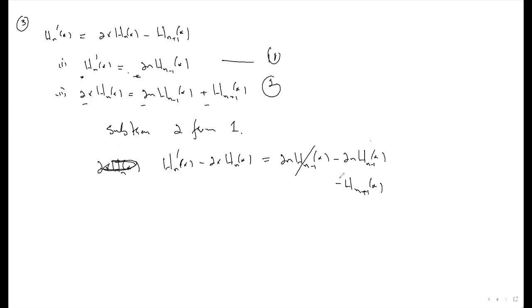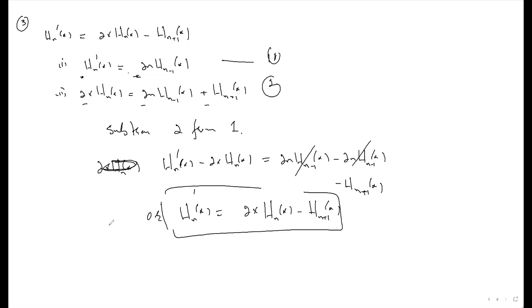Now this 2n h n minus 1 will cancel out, or I can have h n prime of x equal to 2x h n of x minus h n plus 1 of x. So this is what we were supposed to do, right?